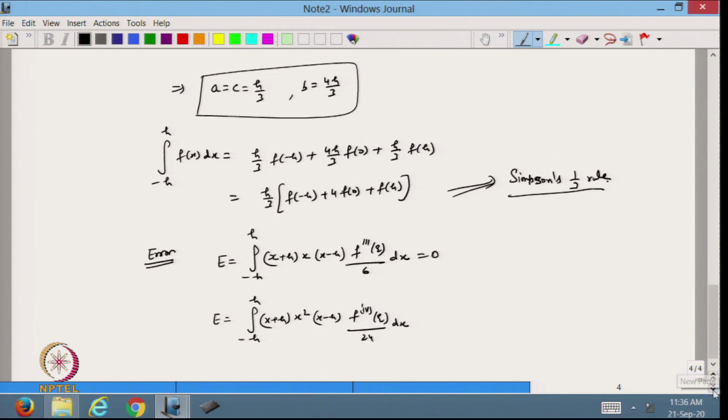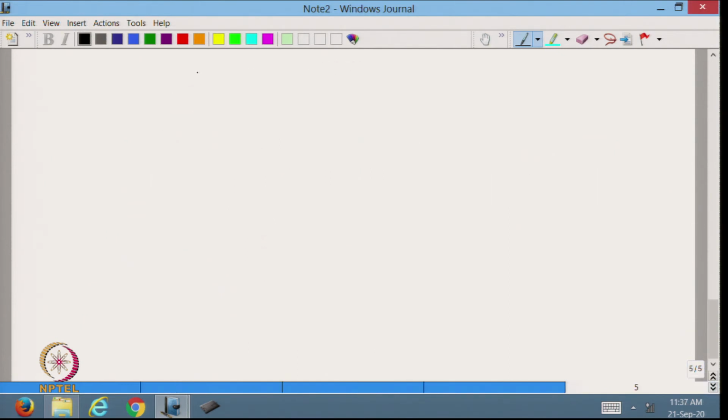The other way is that the error will be some c times the fourth derivative divided by 24. So, this c I want to find. We can find it because I know that this formula gives the exact result up to cubic.